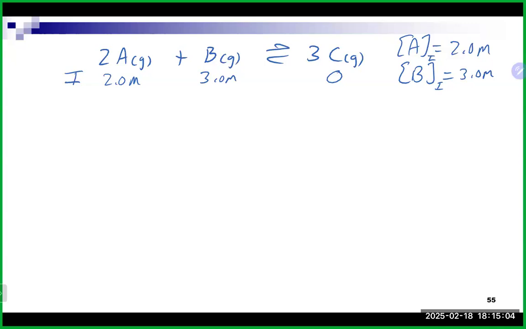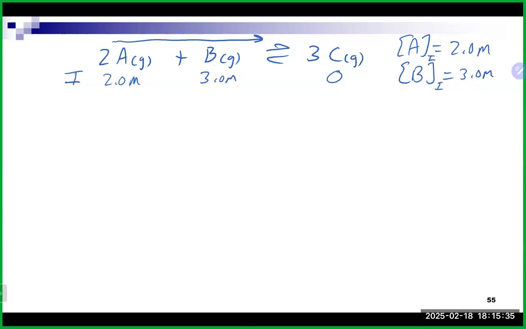Now, we can also make a pretty safe assumption about direction: would this reaction head in the forward direction or the reverse direction? The only thing we have available is reactants, so the only thing that can start to react are the reactants, which means that definitely kicks off the forward direction of this reaction.